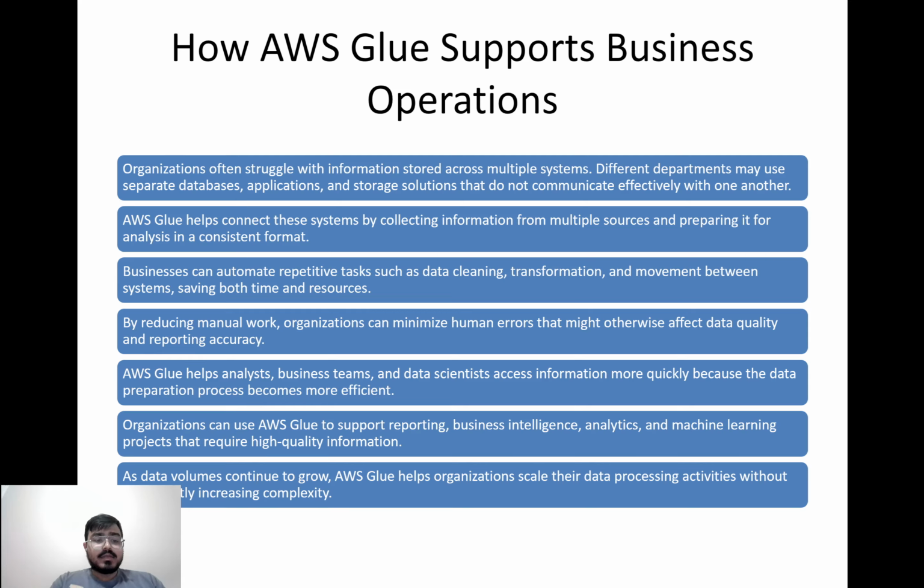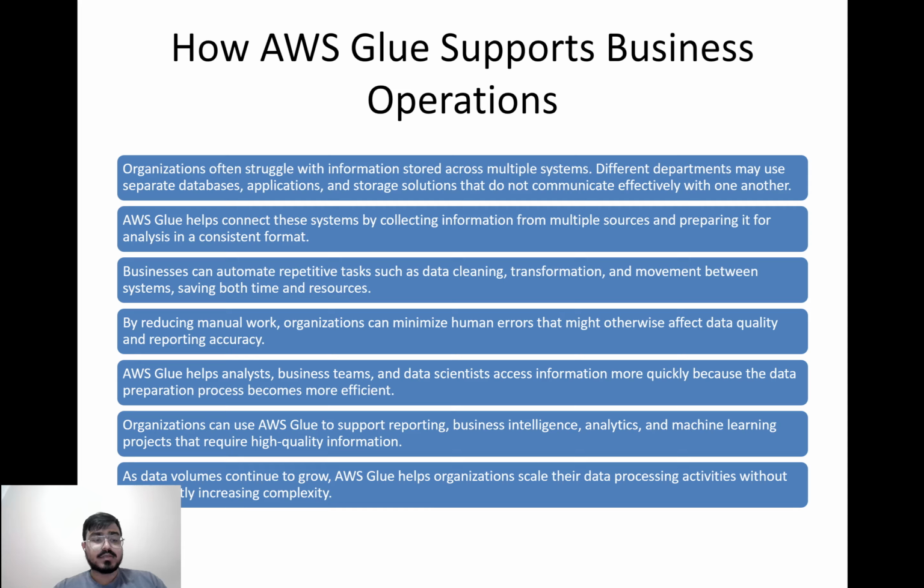So let's now look at how AWS Glue helps organizations in daily operation. Many organizations store information across multiple departments and systems. For example, a sales department may use one database, customer support may use another system, and finance may use completely different software.